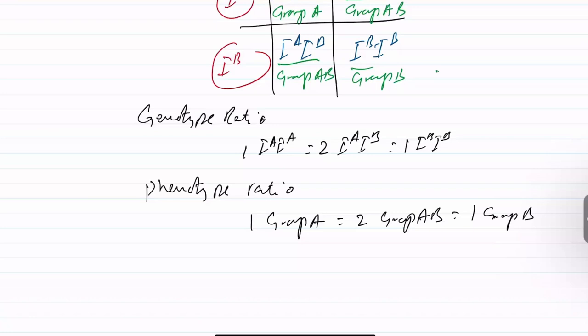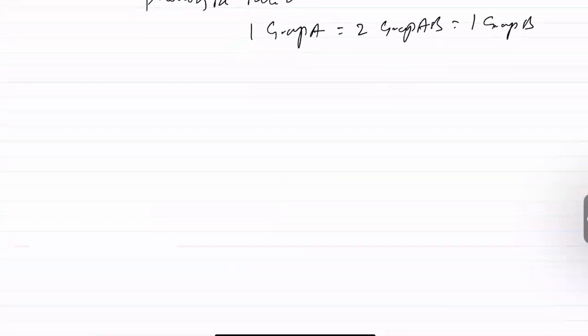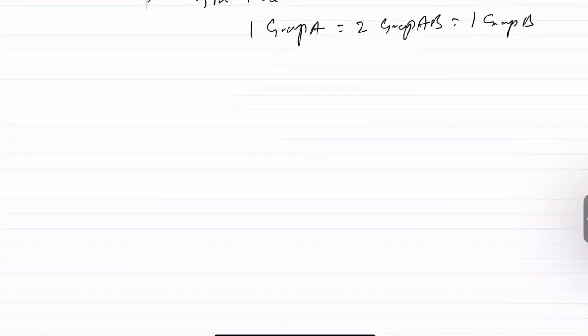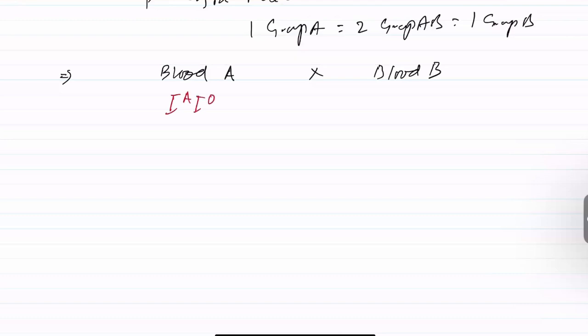If we look at the inheritance of O blood group, O is recessive to both other alleles. So if a parent with blood group A, heterozygous for blood group A, is married to a person with blood group B, heterozygous for B, heterozygous for A will be IA and IO, and heterozygous for B will be IB, IO.